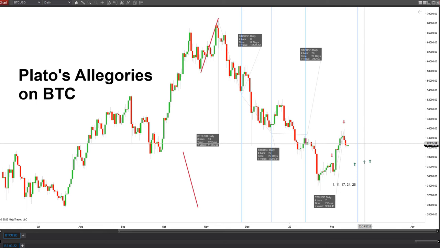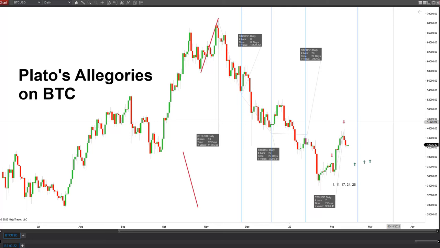So now what I'm going to do to try to fine tune this, I'm going to take this last swing from the low up, and break it into two pieces. I'm going to make two projections. Now you can project using just price.